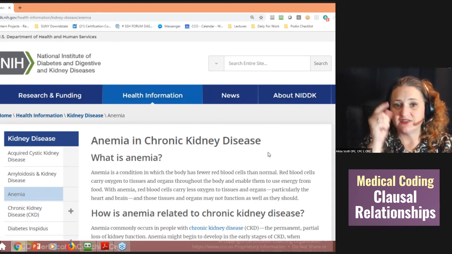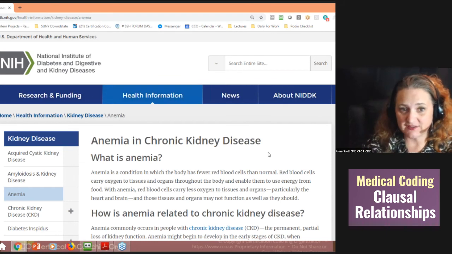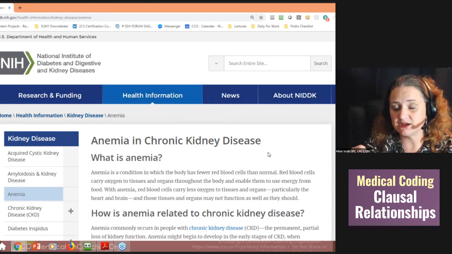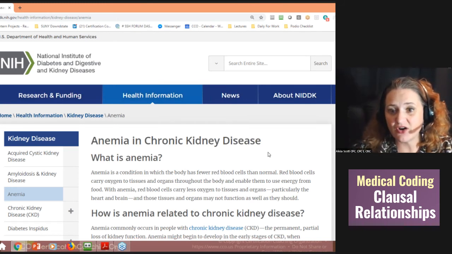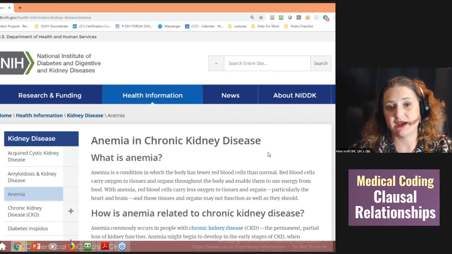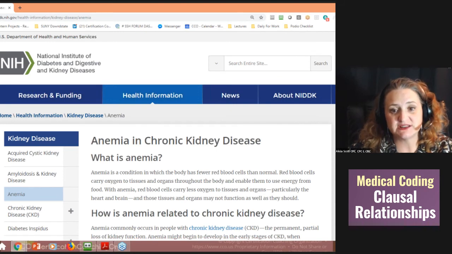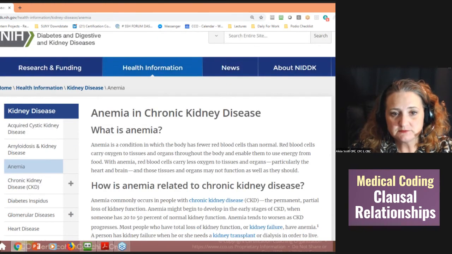In other words, the fact that this is being put out by Health and Human Services and this institute tells you it is so common that the NIDDK has articles about problems with anemia and chronic kidney disease. So that gives you confidence in that causal relationship, right?